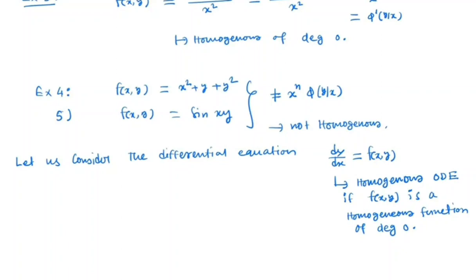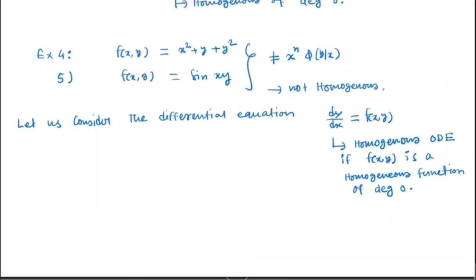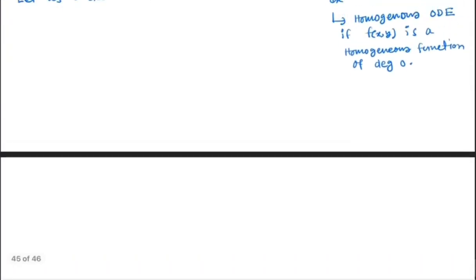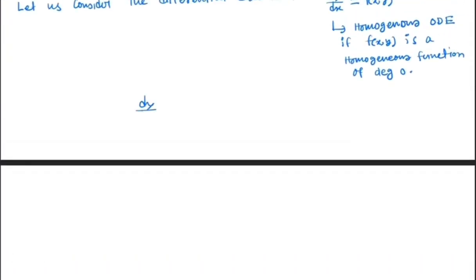Now we will discuss the technique of solving a general homogeneous equation. So we are taking dy/dx is equal to f(x,y). Since this is a homogeneous ODE, we can write it as a degree 0 homogeneous function. That means x power 0 phi of y by x, and x power 0 is nothing but phi of y by x.